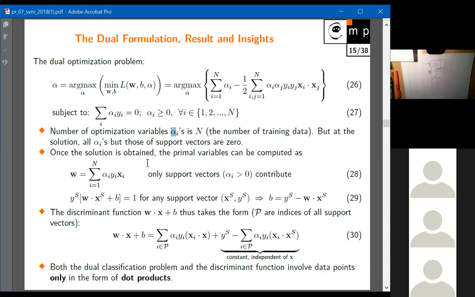So we know the alphas will be non-zero only for the support vectors, so in the end W will be a linear combination of a very small number of input points, and the B will be obtained by substituting one of the support vectors into this equation, and we'll get the B. Okay.